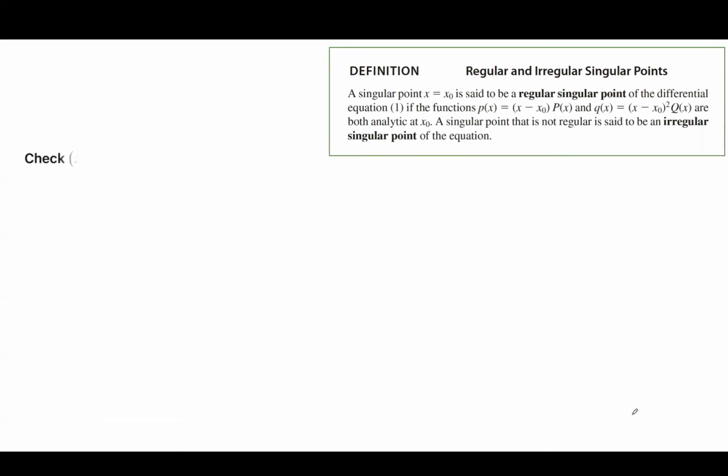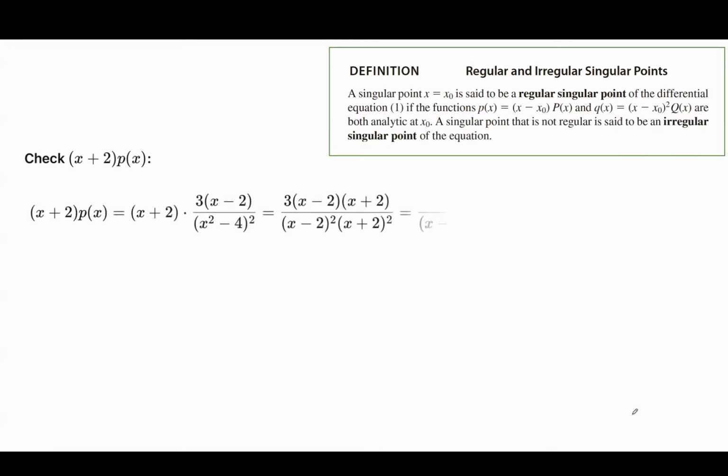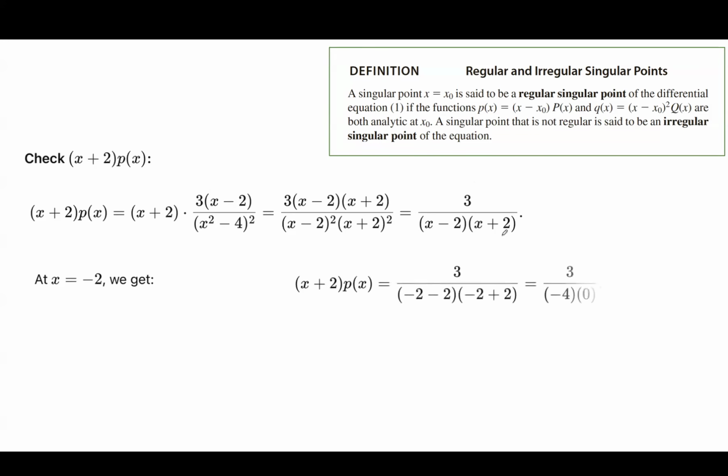Now let us move on to x equals negative 2. Let us check (x plus 2) times p(x) and find the limit. (x plus 2) times p(x) can be simplified as 3 divided by (x minus 2) times (x plus 2). We're basically doing algebra. At x equals negative 2, if you take the limit, you're going to see that since x approaches negative 2 and you have x plus 2 as a factor in the denominator, you end up with a 0 in the denominator.